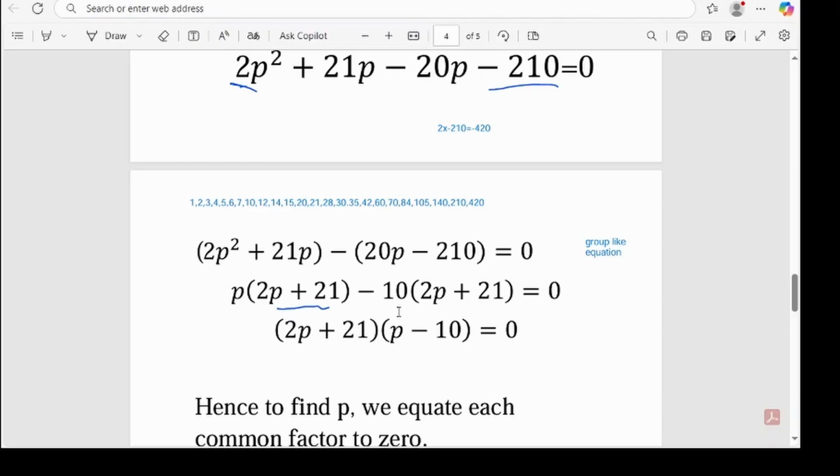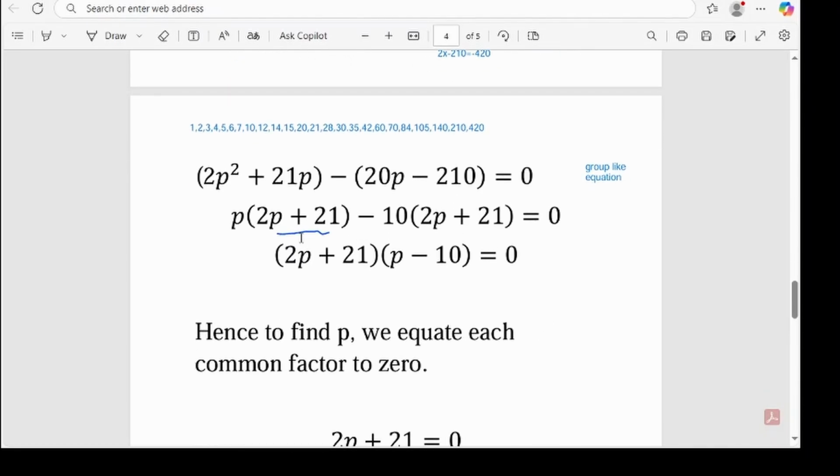So you are going to get the final equation as p in brackets 2p plus 21 minus 10 in brackets 2p plus 21, which is equal to 0, right? So here we group like terms again. Those with the common factor, which is 2p plus 21, will be at one side, and those without the common factor will be at the other side.